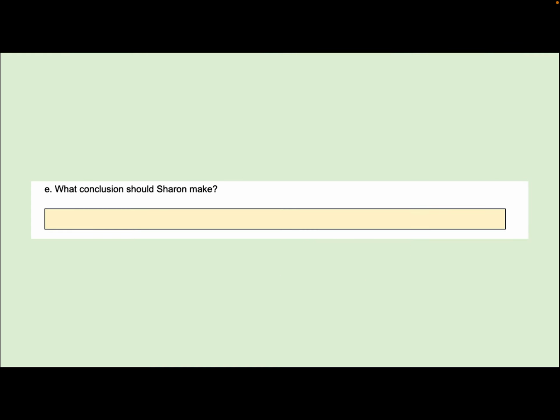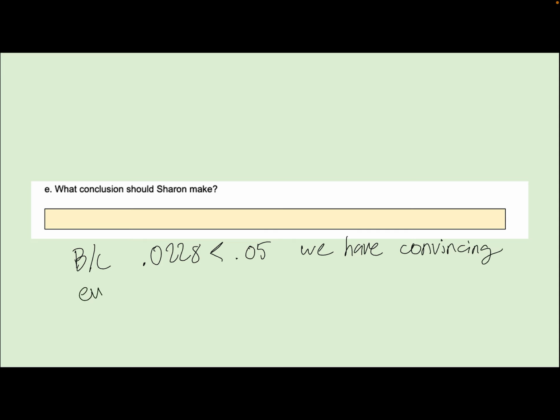All right, for part E, what conclusion? Because 0.0228 is less than 0.05, we have convincing evidence that less than 90% of students can identify a skunk smell.